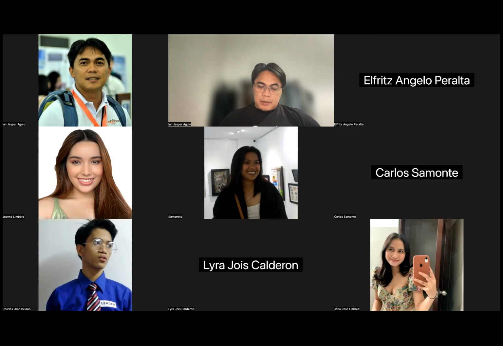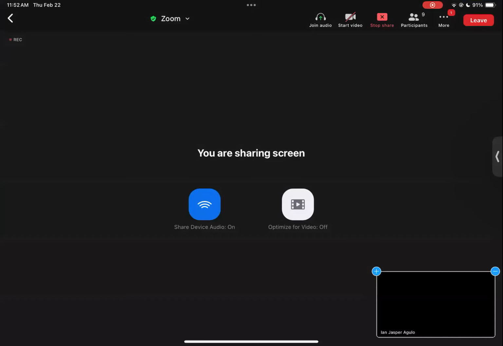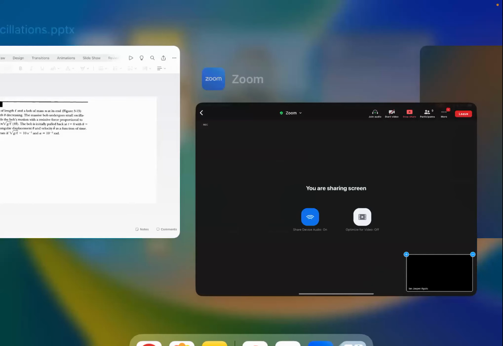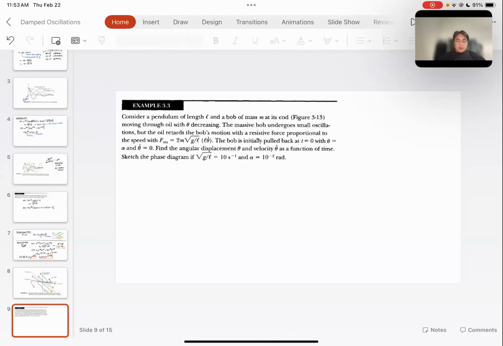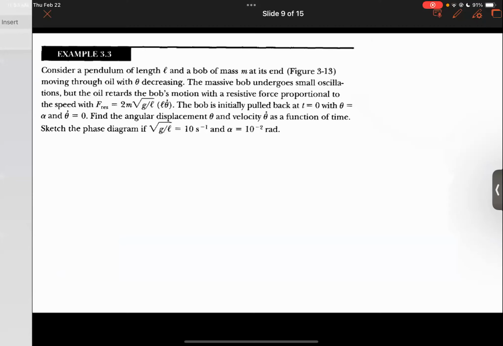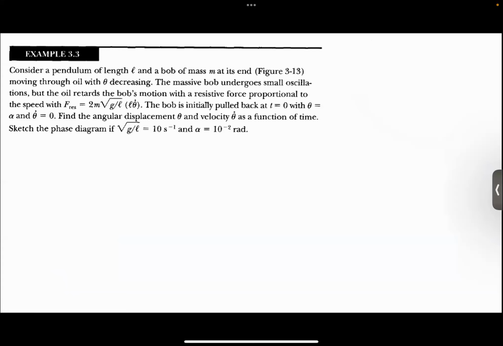So going back dun sa problem or sa slides. So we have this problem. Sabi rito is merong pendulum na merong length L and a bob of mass M moving through oil. Yung fluid dito is oil. The massive bob undergoes small oscillations, but the oil retards the bob's motion with the resistive force proportional to the speed.